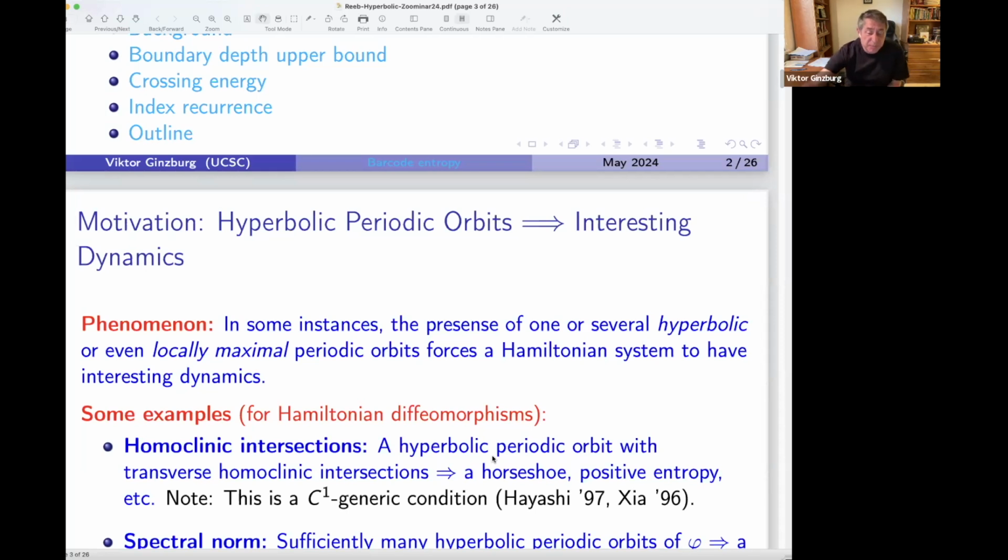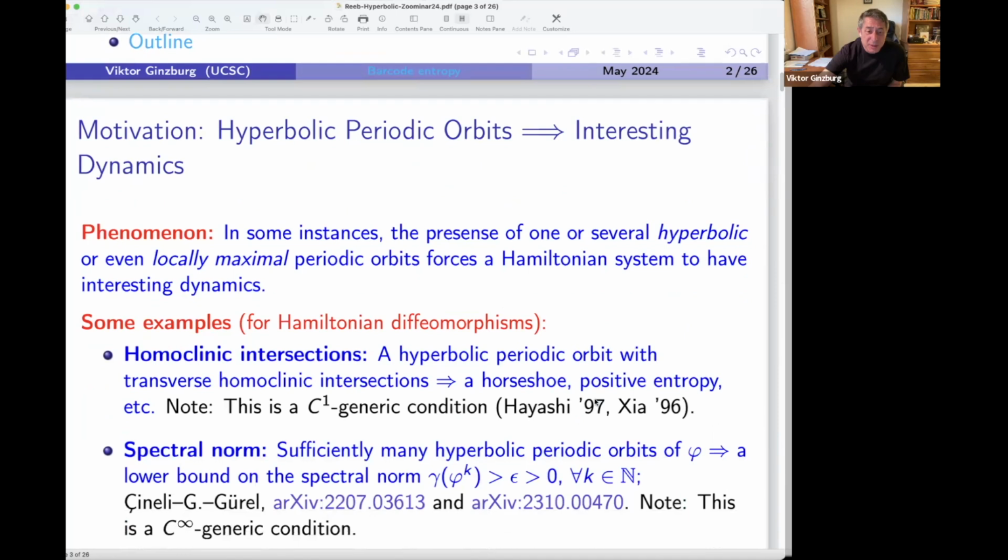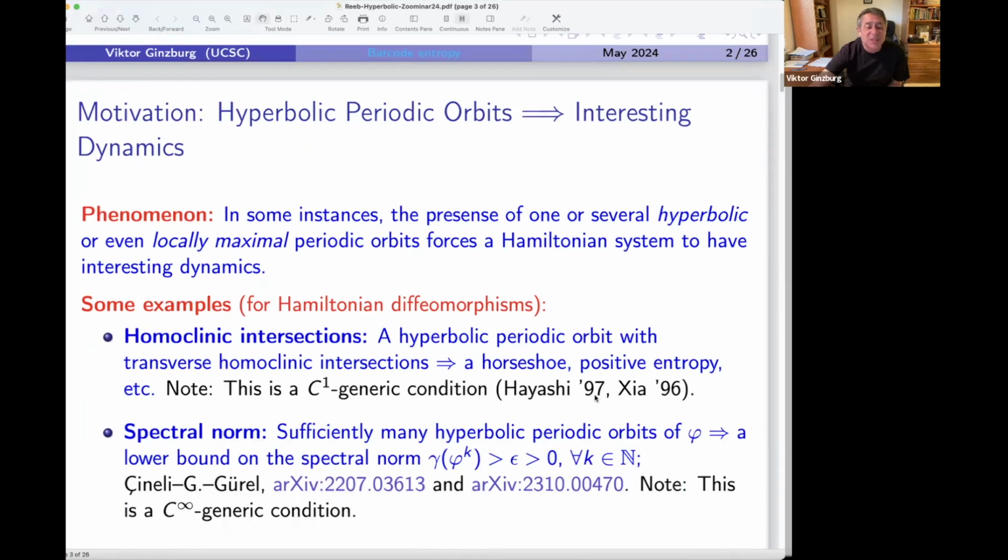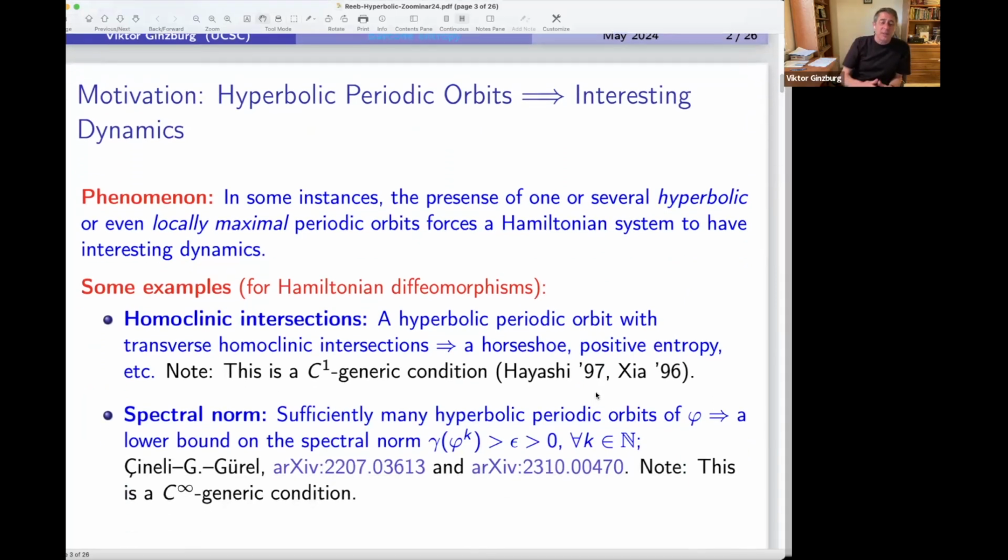A slightly less known manifestation of a very different type is a lower bound on the spectral norm. Whenever you have a Hamiltonian diffeomorphism with sufficiently many hyperbolic periodic orbits, there is a lower bound on the spectral norm of the iterates of that Hamiltonian diffeomorphism.